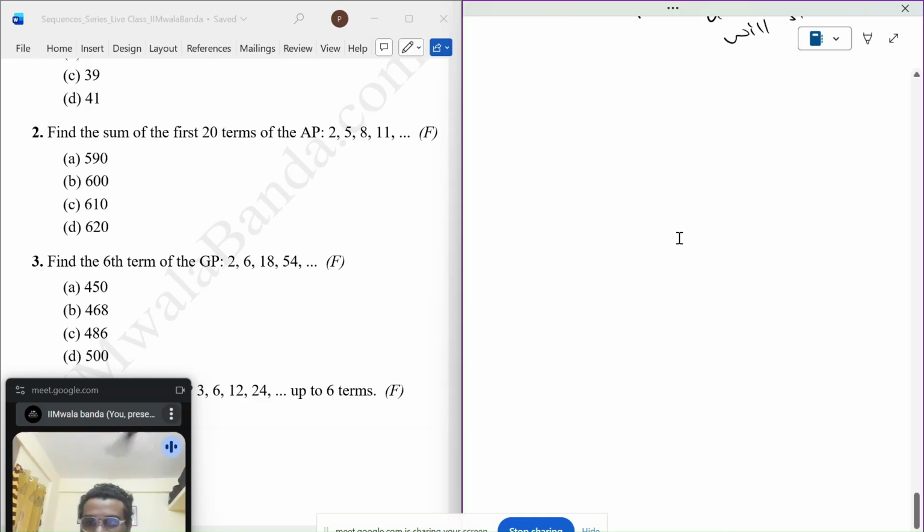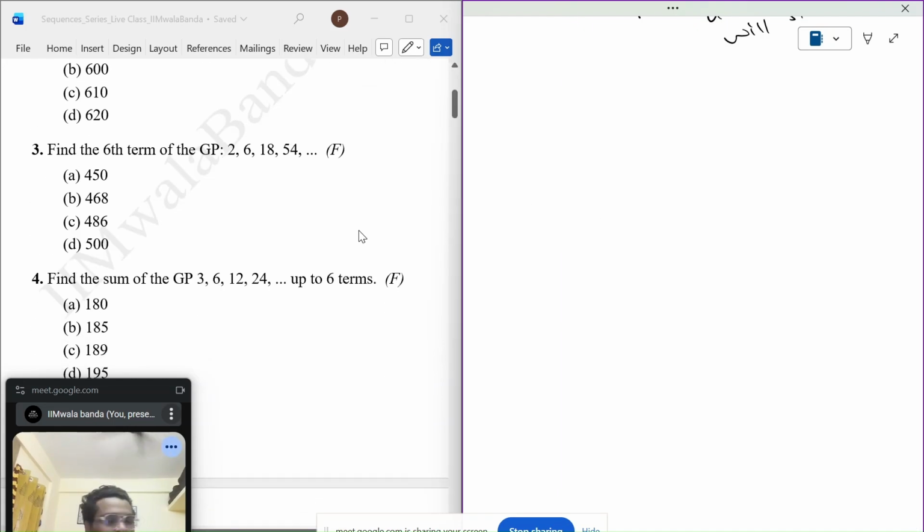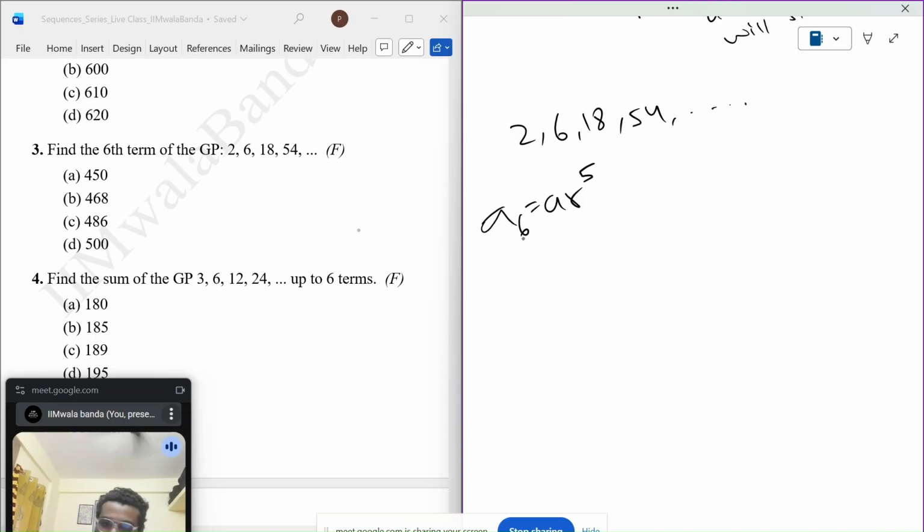Now comes the third term, but before that, let's quickly brush up our understanding through these basic questions. Find the sixth term of this GP: 2, 6, 18, 54, and so on. As soon as it asks for the sixth term, I know it's ar to the power 6 minus 1, or ar to the power 5.